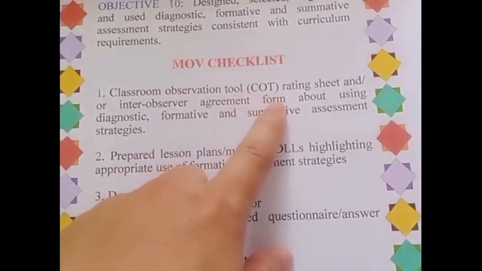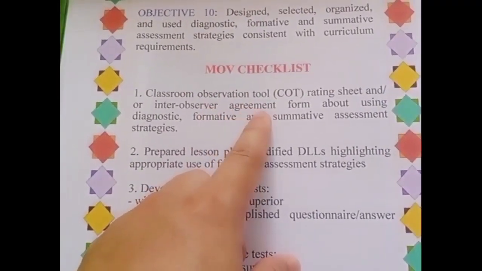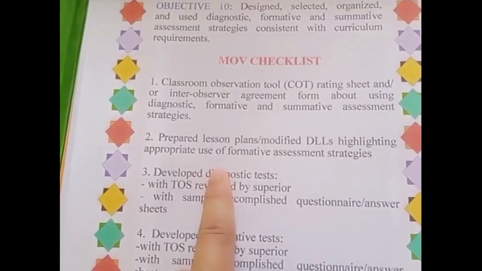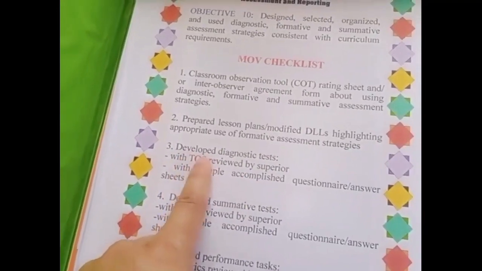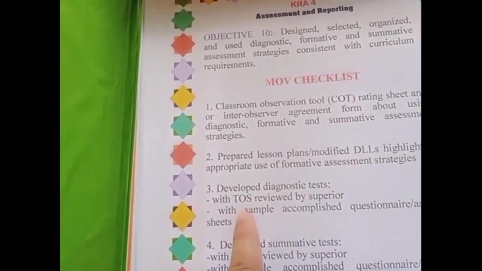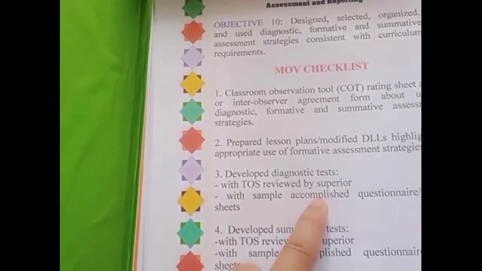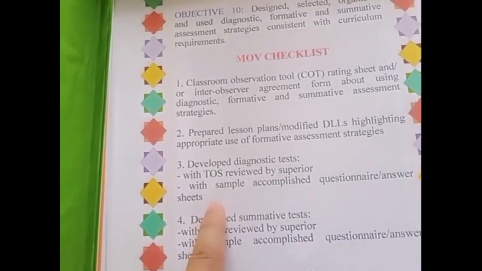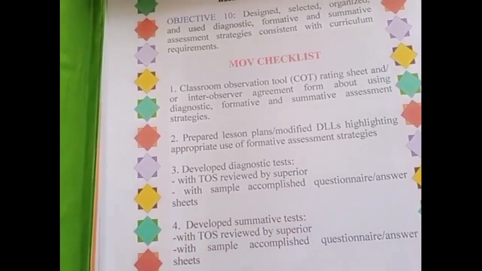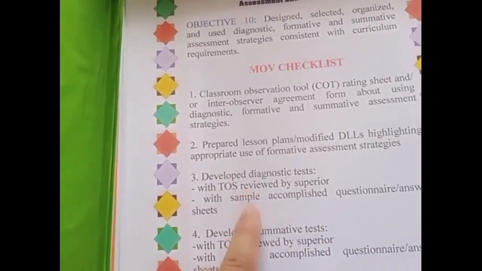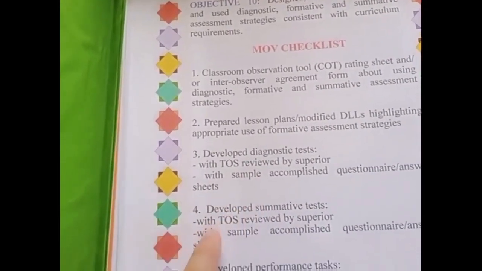So COT rating sheet ulit or Inter-Observer Agreement Form. Lesson plans or DLLs. Develop diagnostic test na kailangan meron tayong TOS reviewed by our superiors, so by our school head or principal, with sample accomplished questionnaire or answer sheet. Kailangan ay may example tayo ng questionnaire.